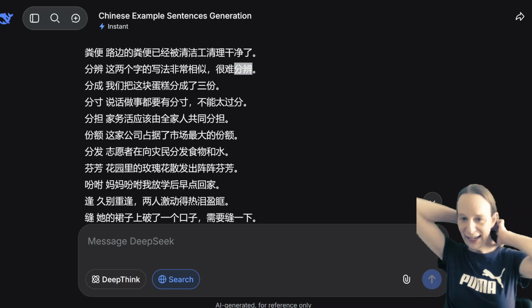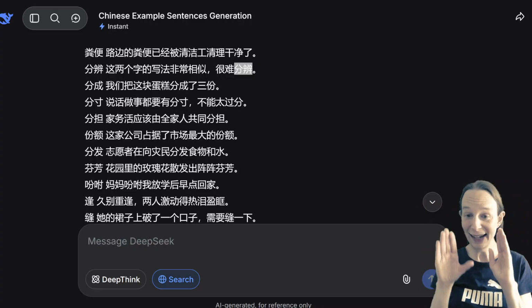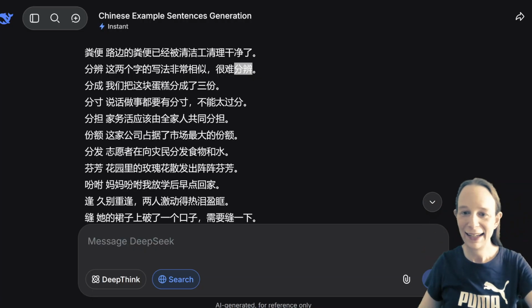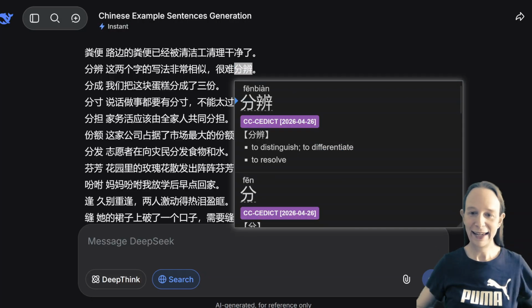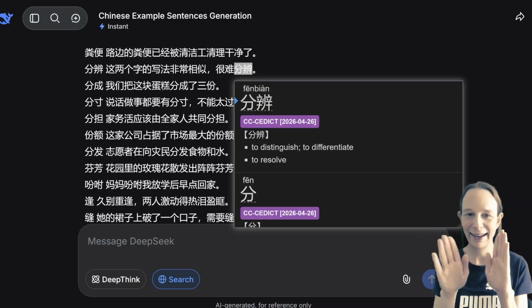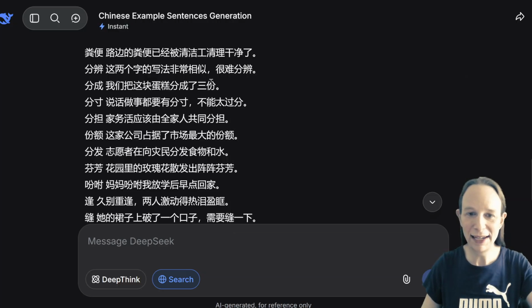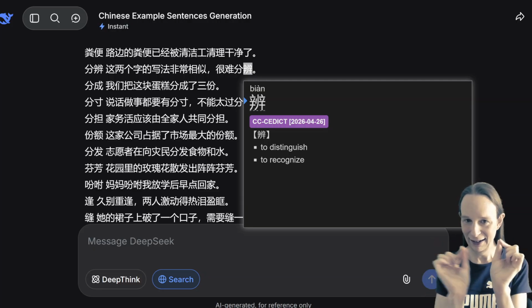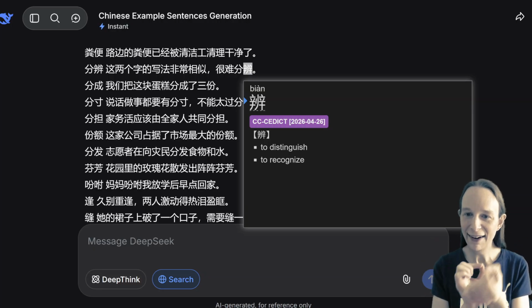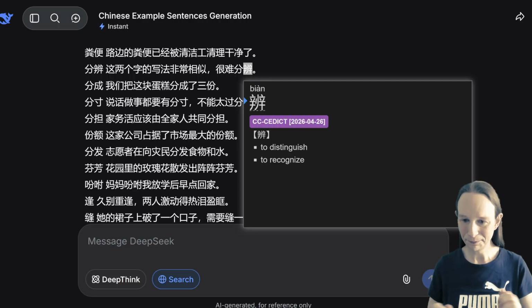There's one character, there's another character, and they're hard to differentiate. 分辨: differentiate, distinguish, resolve. A lot of the words with 辨, you have multiple objects and you're trying to identify their dissimilarities. Like what is the key difference between them?